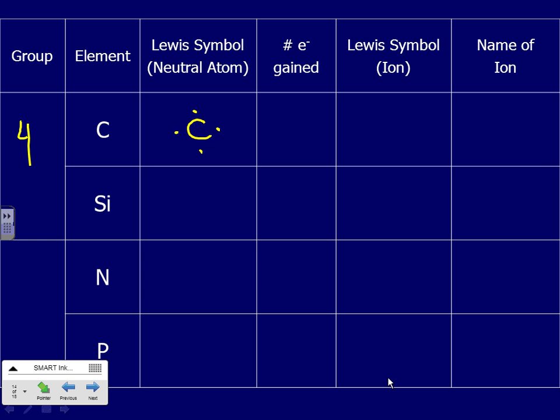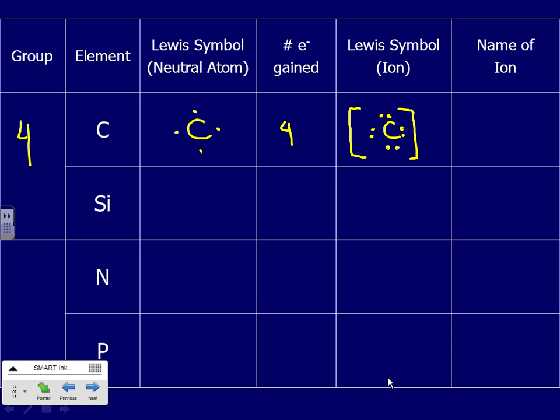And how many electrons does it need to be happy? 4. It's going to gain 4 electrons. Now, the Lewis symbol is a little different, because it didn't get rid of its 4 dots, it's gained 4 dots, which means now I'm going to put a full 8 dots around that carbon as if it's a noble gas, because it has gained those electrons. I do complete it with square brackets around it, just like the other one.